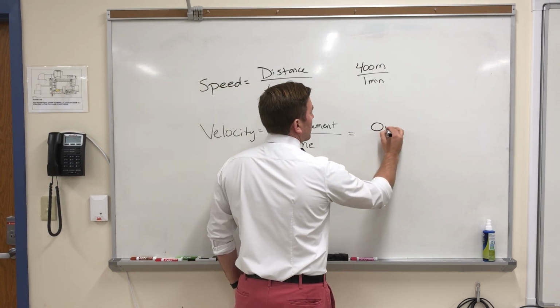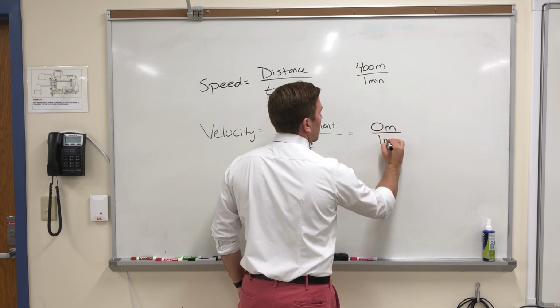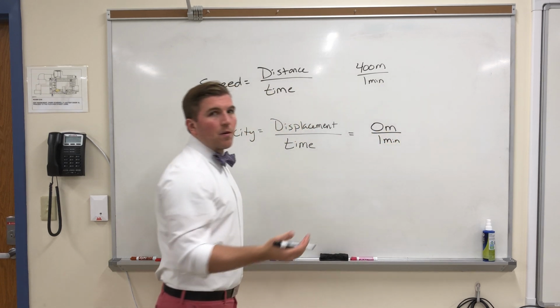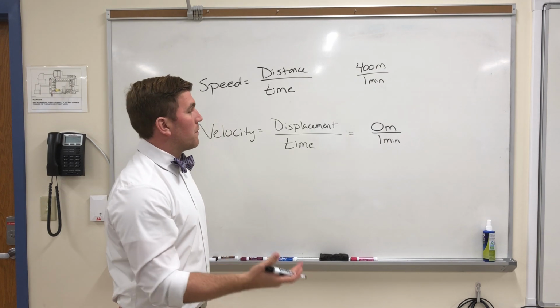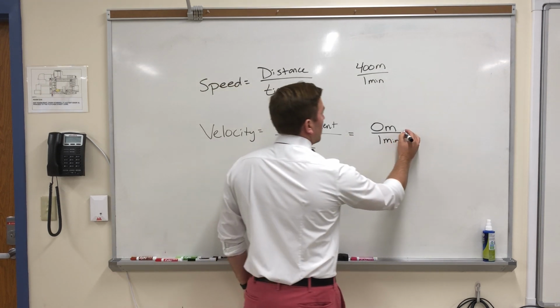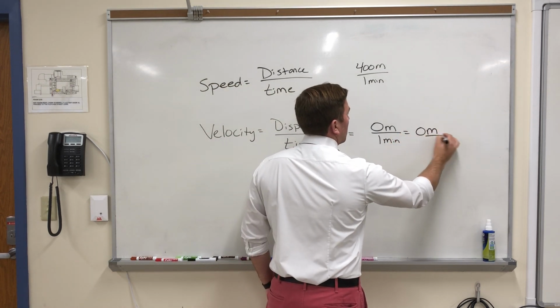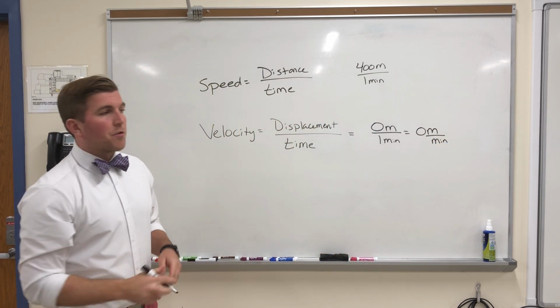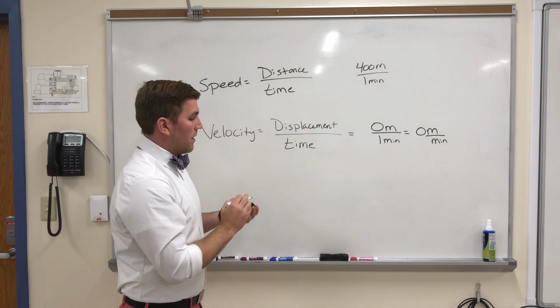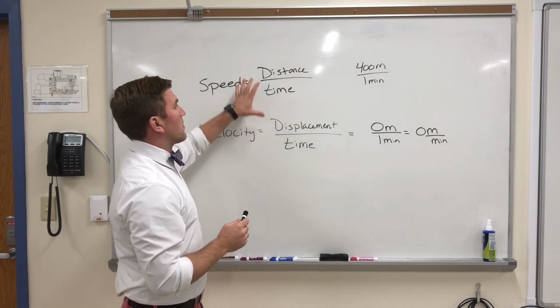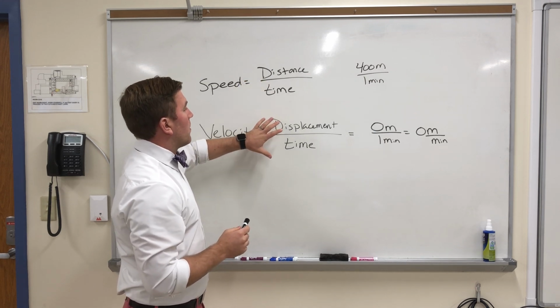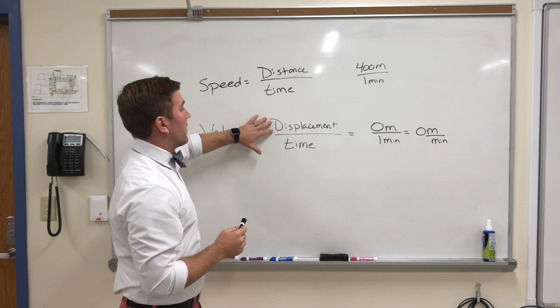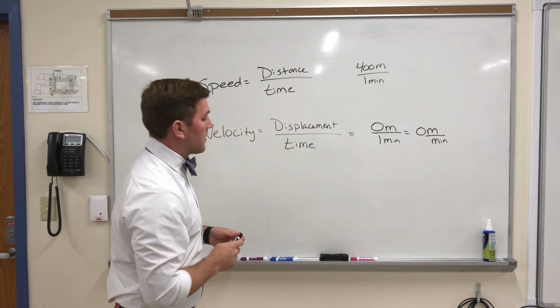Even though you drove a distance of 400 meters, you have a displacement of 0 because you began your race and you finished your race in the same spot. So you would have an average velocity throughout your trip of 0 meters per minute. That's really the big difference between speed and velocity. We have to take direction into account when we measure velocity.